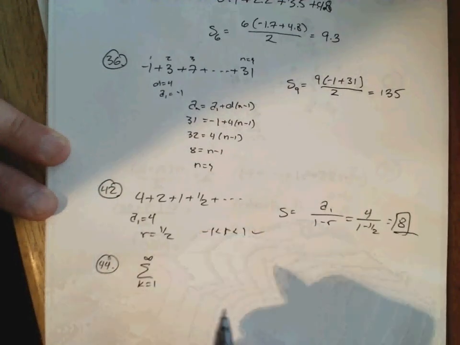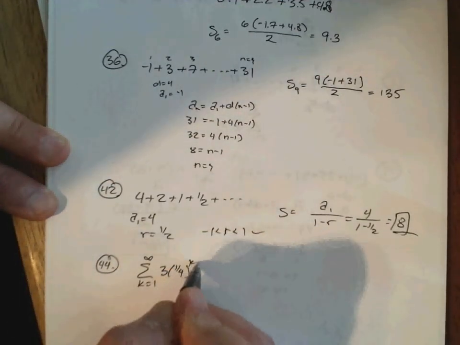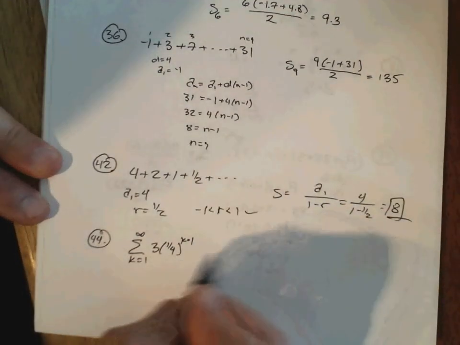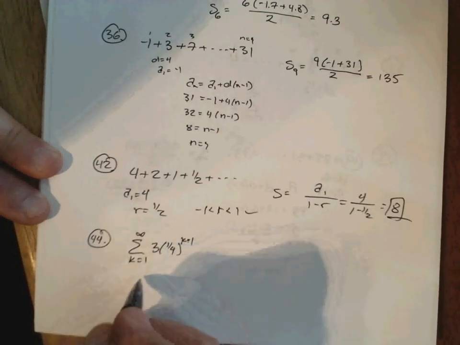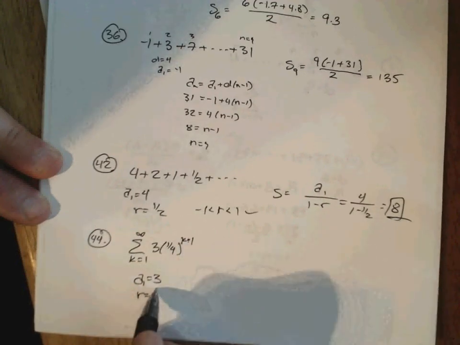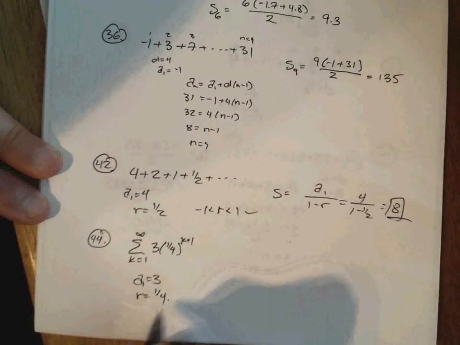We have, and I think the author messed up the writing of this. It's k from 1 to infinity, 3 times 1/4 to the k minus 1. Okay? So let's see what a sub 1 is. When k is 1, that's 1/4 to the 0 is 1 times 3, so a1 is 3. And the r, that's what you're raising the power to, 1/4.